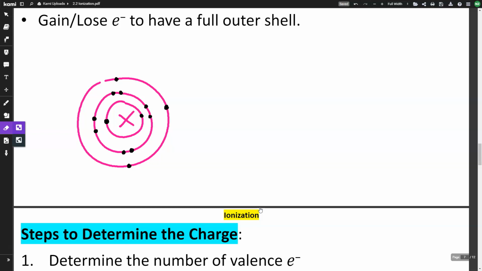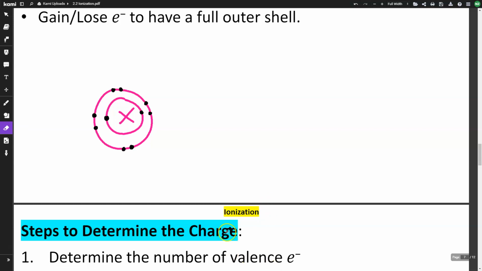So how can you lose electrons and have a full outer shell? Well, watch what happens. If I get rid of my 3 electrons, I will get rid of that outer layer, and now, kind of like peeling an onion, I have a full outer shell below what was a partially filled layer. So that is how you end up with a full outer shell by losing.